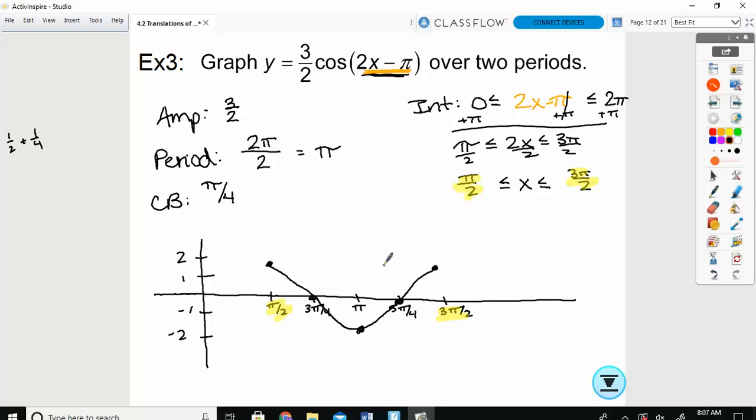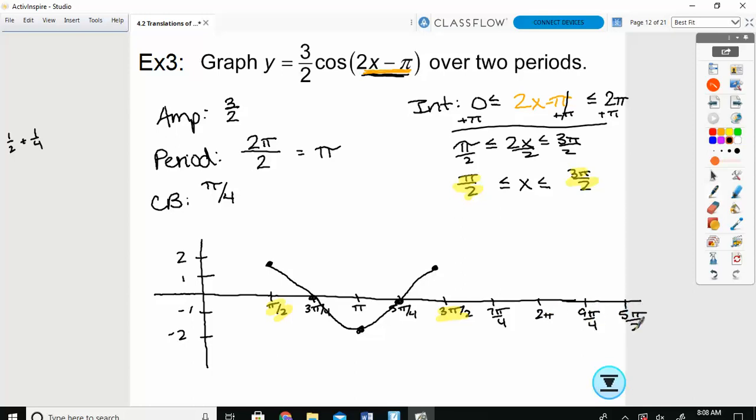But I asked you to do 2 periods. How do we get the second period? Yep, keep on going. If you run out of room in one direction, you can go the other direction. You would just subtract your count by if you wanted to go this direction. So it doesn't matter. We just need 4 more points on either end. So if we keep adding the pi over 4, that would be 7 pi over 4. 8 pi over 4 is 2 pi. 9 pi over 4.